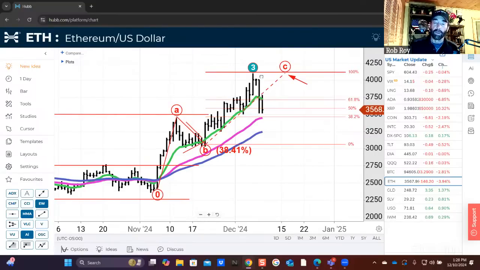If not, then that means we're likely going to retrace the entire C wave. And you can see that we went right up and hit that 100% extension, which with a 38.2% B wave correction was the extended level. 61.8 was the target. 100% was the extended level. We went there, and you would have to be concerned with this move down on retracing the C wave.